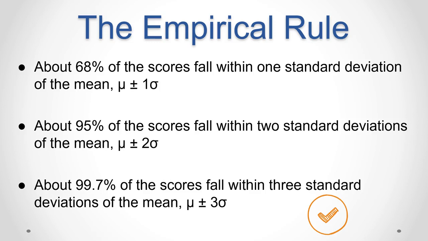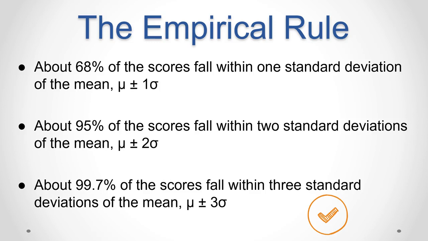The empirical rule states that approximately 68% of the data will fall within one standard deviation of the mean, approximately 95% of the data will fall within 2 standard deviations of the mean, and finally, approximately 99.7% of the data will fall within 3 standard deviations of the mean.